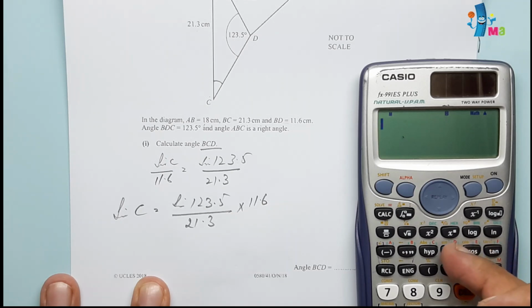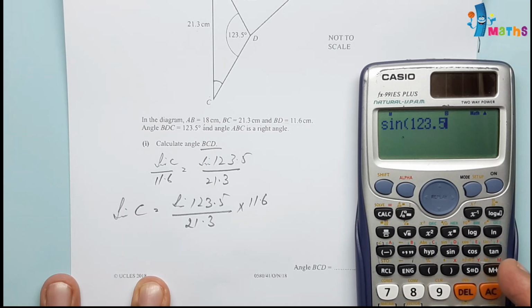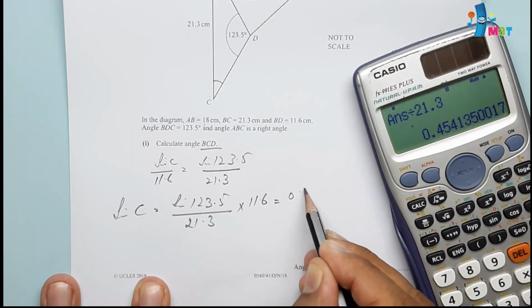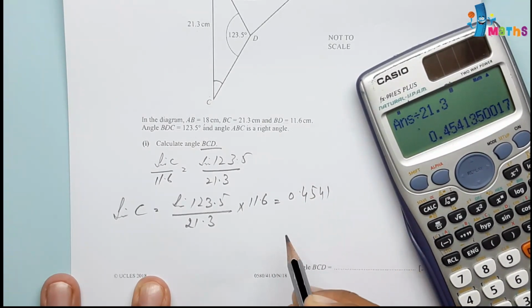This will be sine of 123.5 multiply by 11.6, divided by 21.3, which is 0.4541.